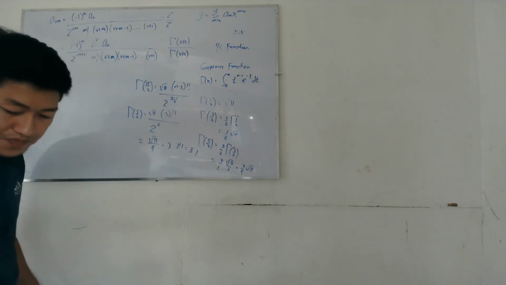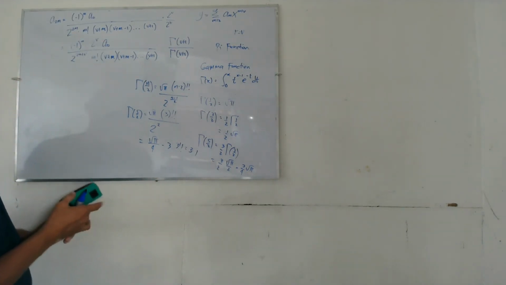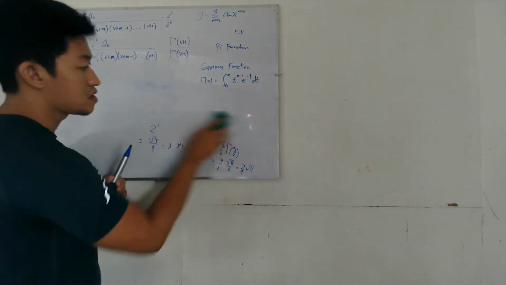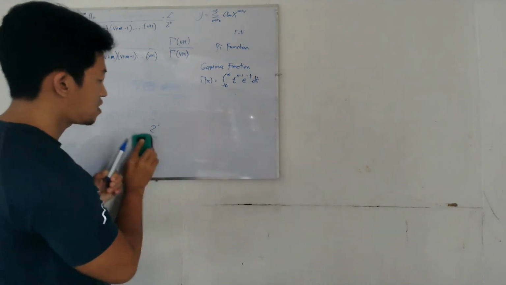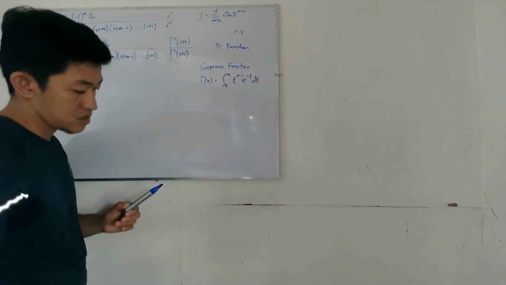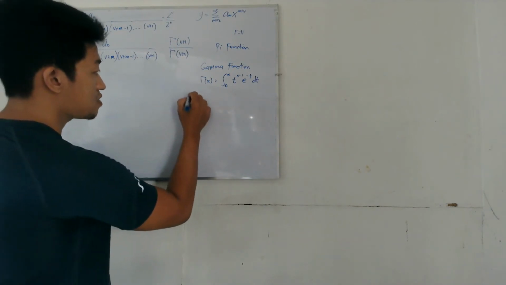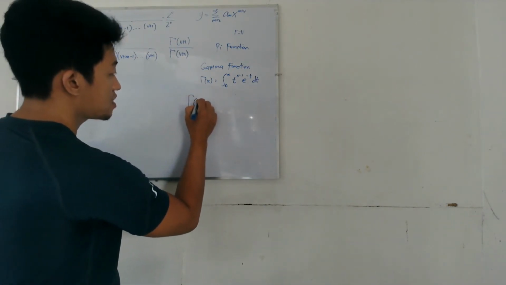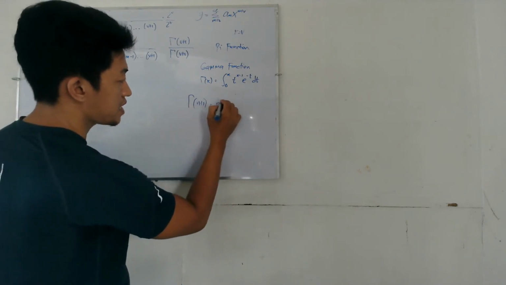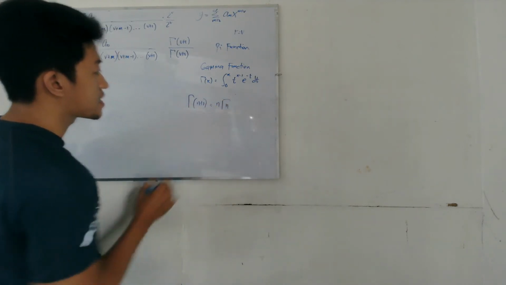Okay, so now you have an idea of the gamma function. So gamma of n plus 1, subtracting 1, is n gamma of n.